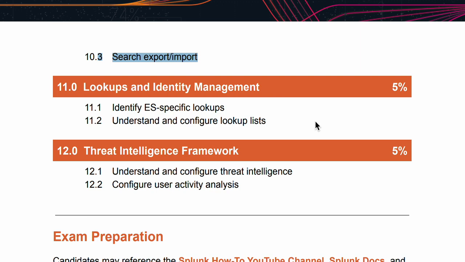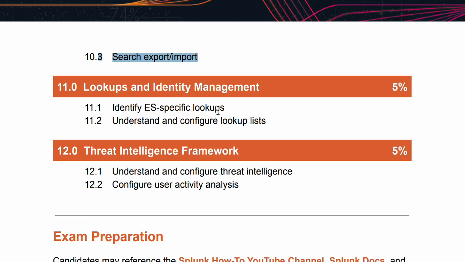Now the eleventh topic is lookups and identity management. Splunk extensively uses lookups and identity. Most of the asset and identity information Splunk gathers in lookups. So lookups are very crucial in terms of running ES smoothly.